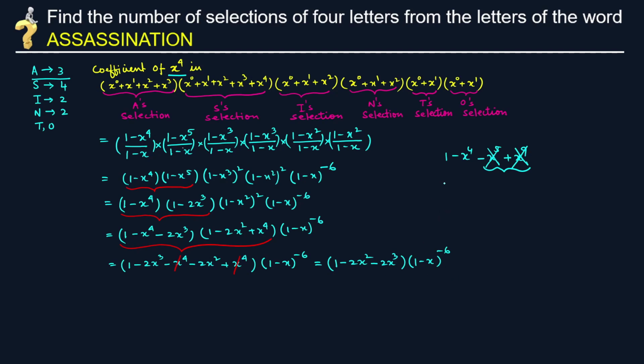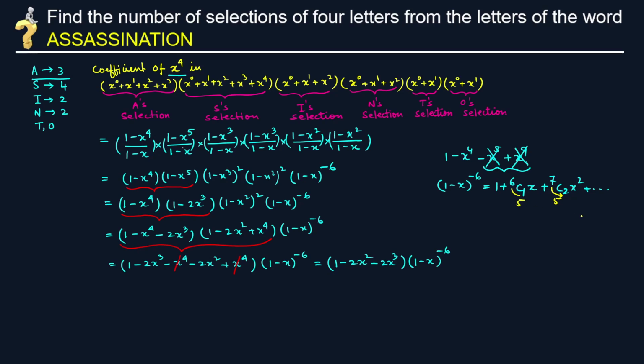See, we all know from the binomial chapter how to expand 1 minus x whole to the power minus 6. I told you that you must write this thing as 6c1 x first, then it will be 7c2 x square, and this thing goes on, right? Actually, the difference between these two, 7 and 2, is 5. 6 and 1, it's again 5.